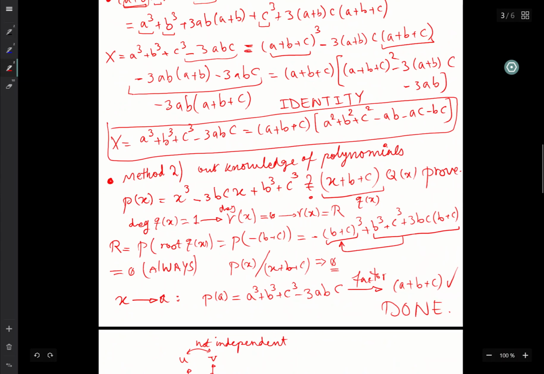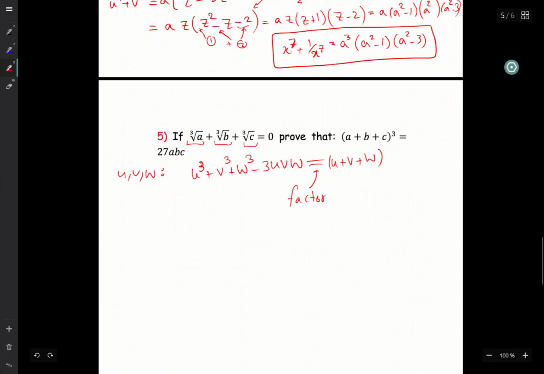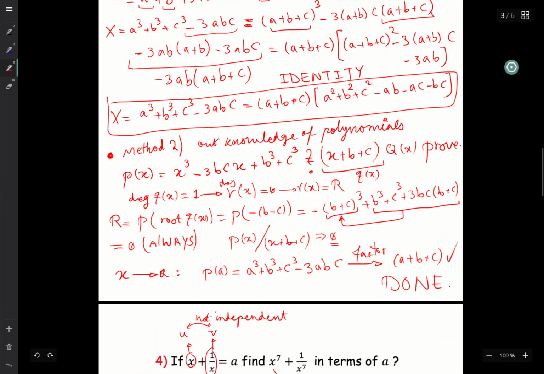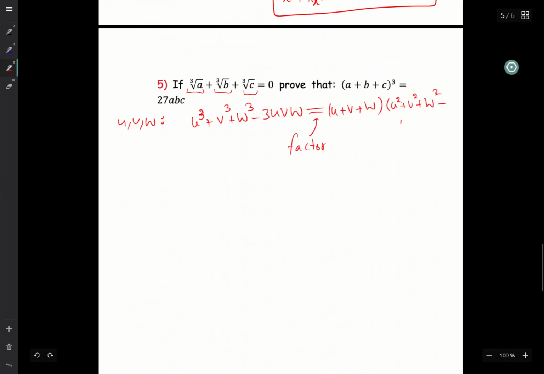Times what? Times u squared plus v squared plus w squared minus uv minus uw minus vw.